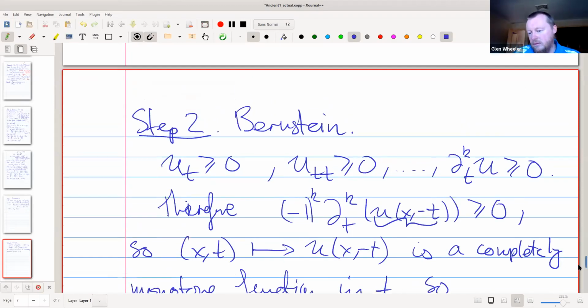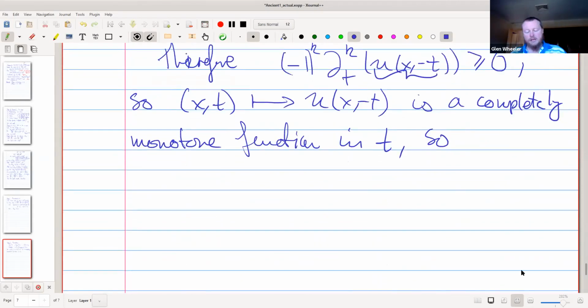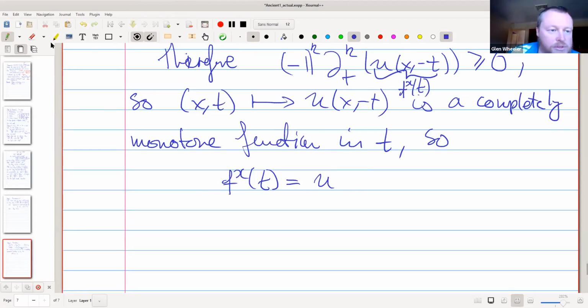So what does it mean? It means that Bernstein's theorem applies, and Bernstein's theorem tells us that, okay, so we make the definition, this is going to be called f_x of t, and we're going to have f_x of t is going to be, oh no, sorry, scratch that.